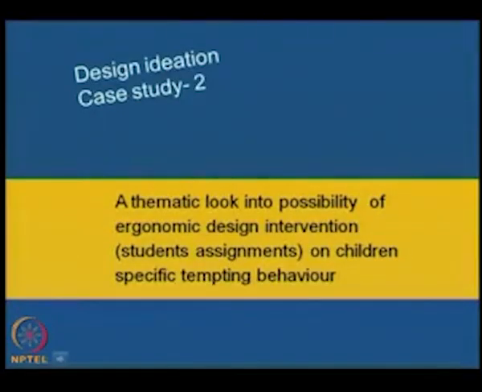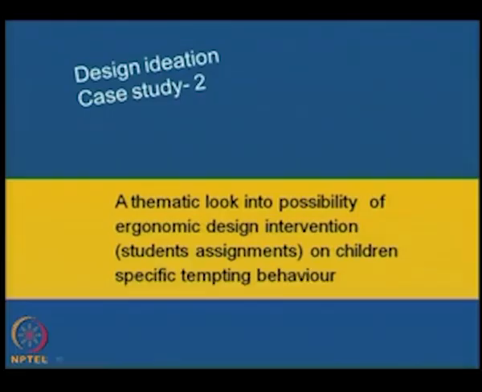Now, another design ideation, case study 2, I am presenting now. This is a thematic look into the possibility of ergonomic design intervention, that is a student's assignment on children-specific tempting behavior.